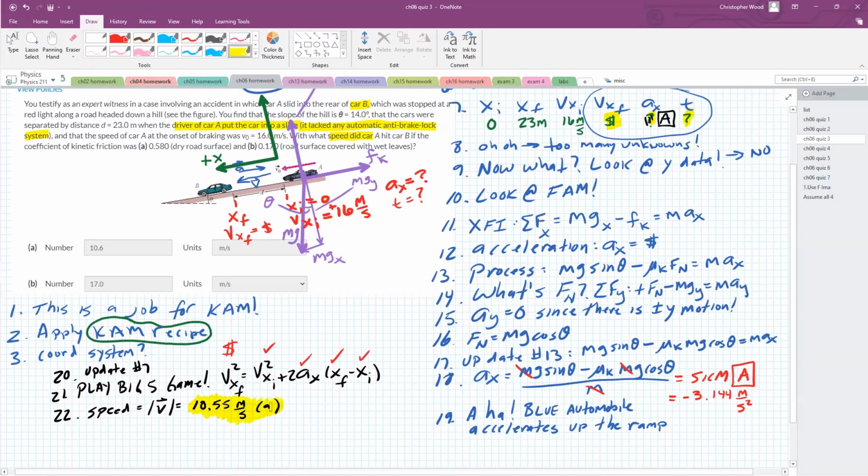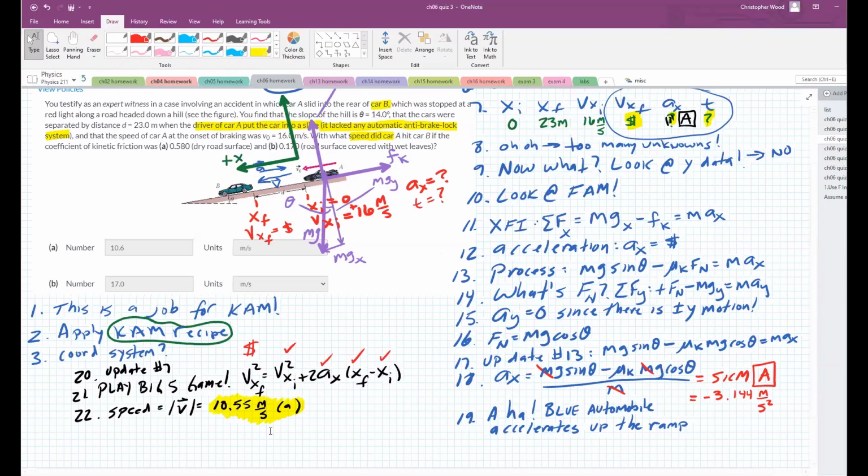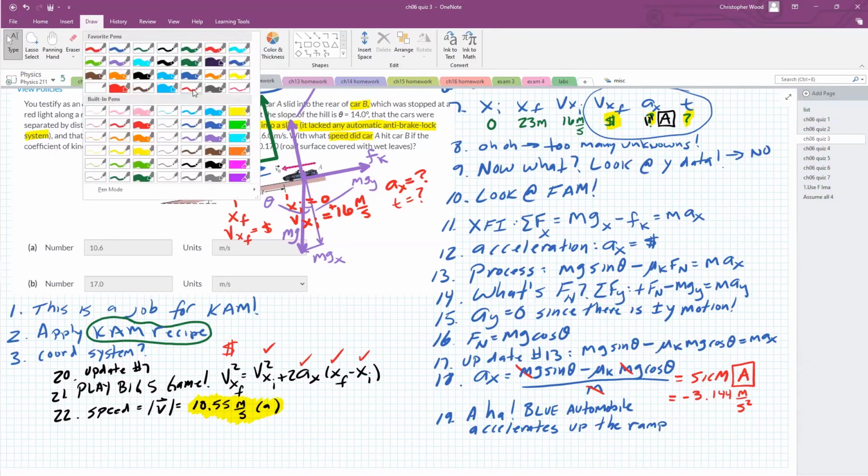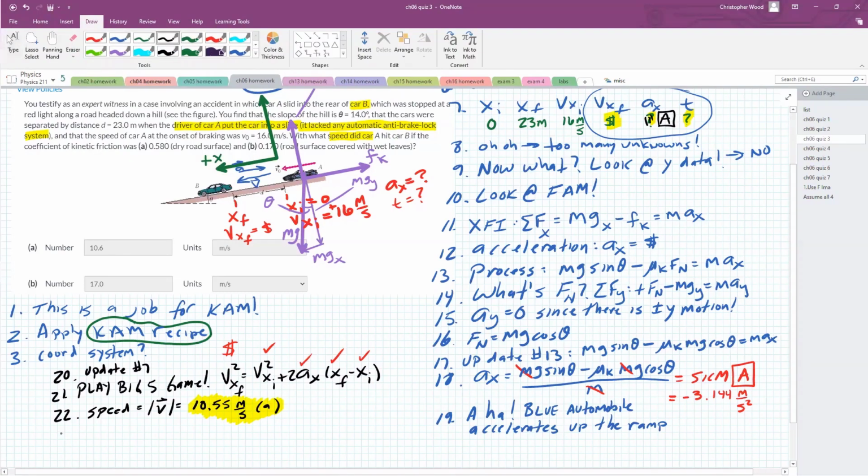force analysis method. Now, let me do a time check here. It's now 3:24. Here's what you guys can do for part B. Part B is identical to part A, except there's wet leaves on the pavement. So things are slipperier.